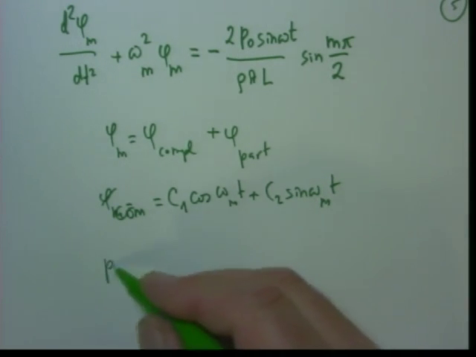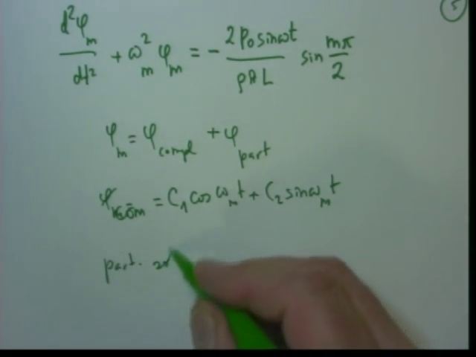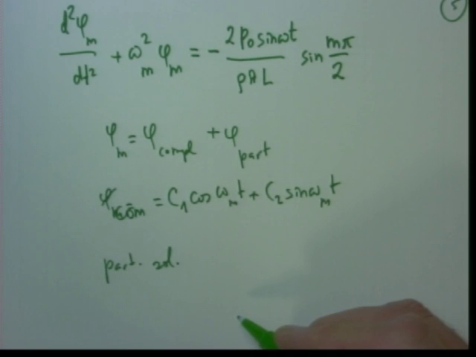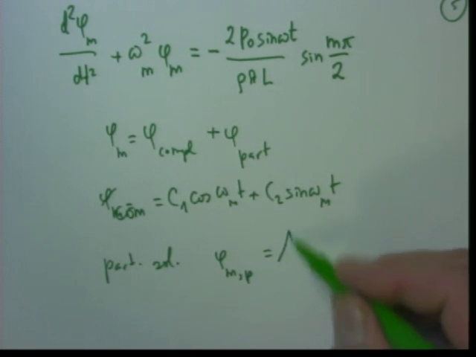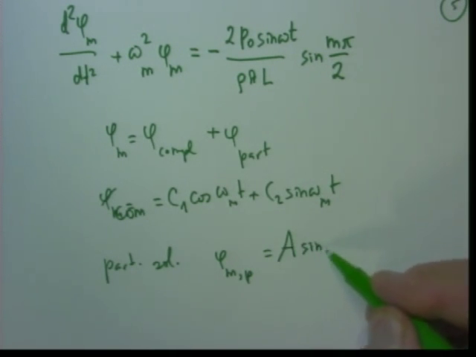Then particular solution phi_m particular equals some A times sine omega t.